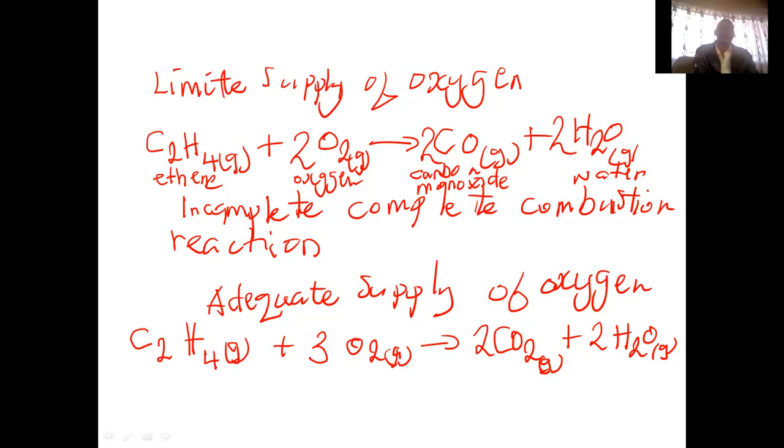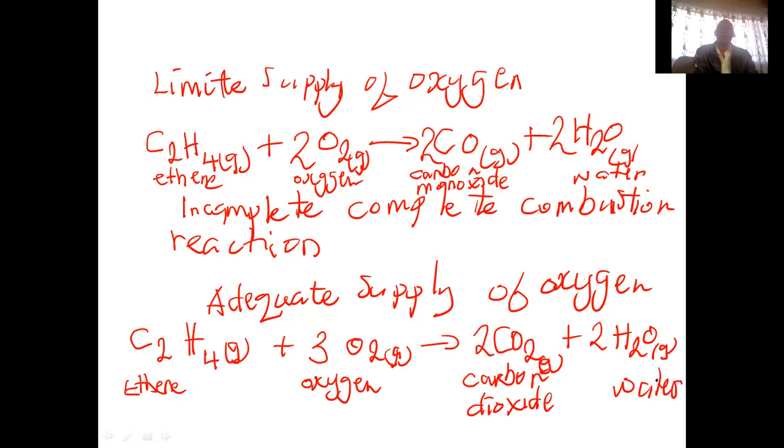So what you produce is actually carbon dioxide and water vapor. So you have ethene reacting with the oxygen, and here what you produce now is carbon dioxide and water.